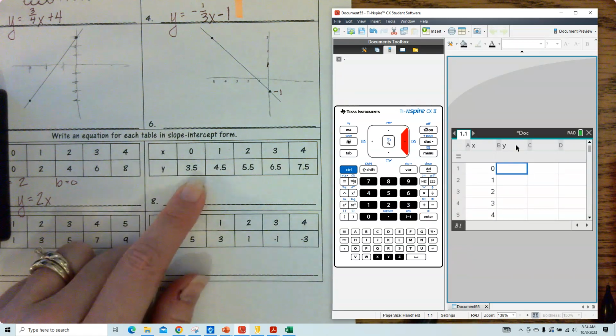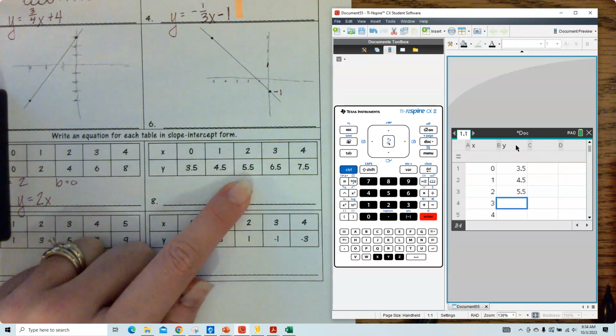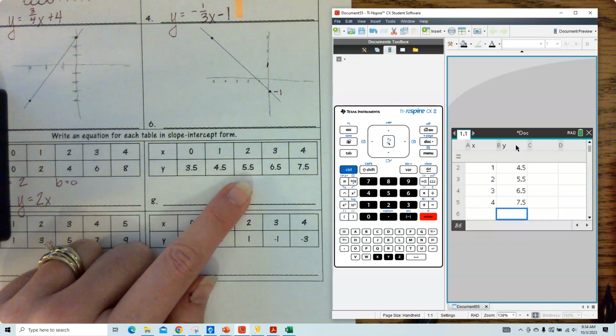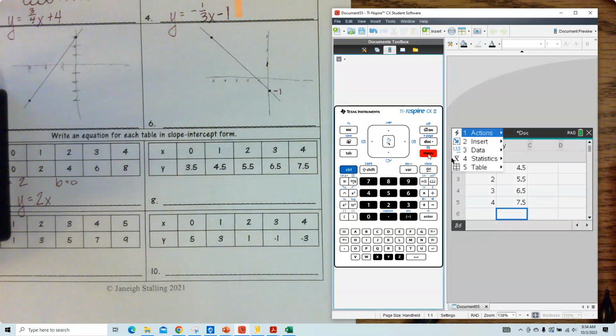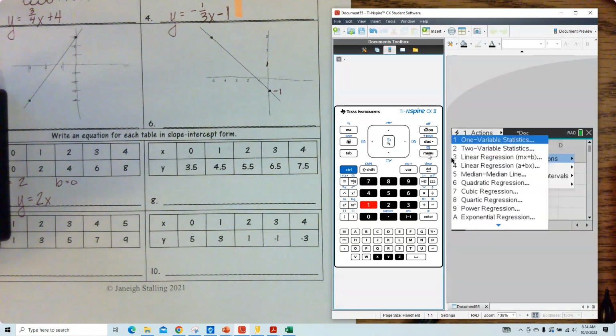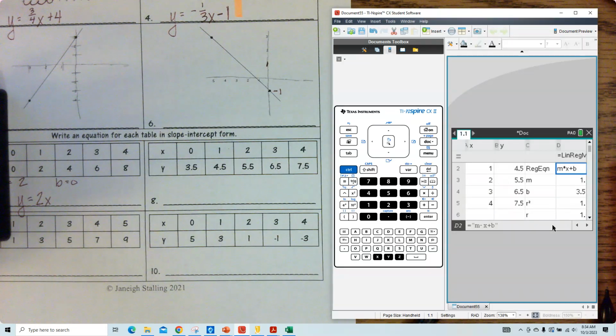All right, then my Y values. 3.5, 4.5, 5.5, 6.5, 7.5. And again, hit enter after that last number so it locks it in. And then we're going to do menu 4, 1, 3. Change the X list to X, the Y list to Y, and then hit OK.